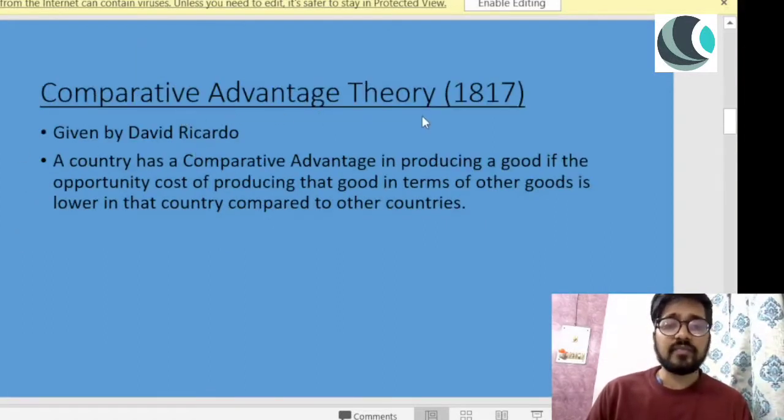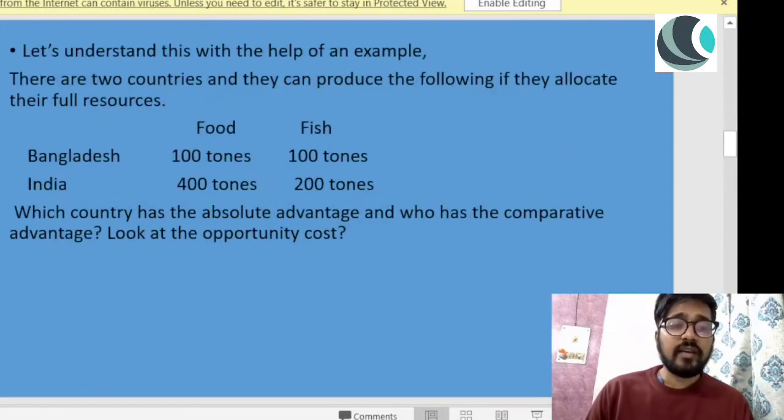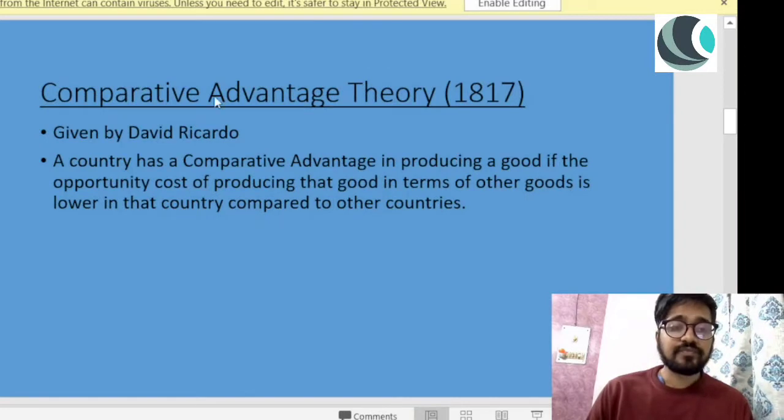And I've been saying that comparative advantage theory, not only the example, because you need to know the clarity about this particular topic. That is why I have taken an example, but you need to know the year in which it came, 1817, and given by whom, right?